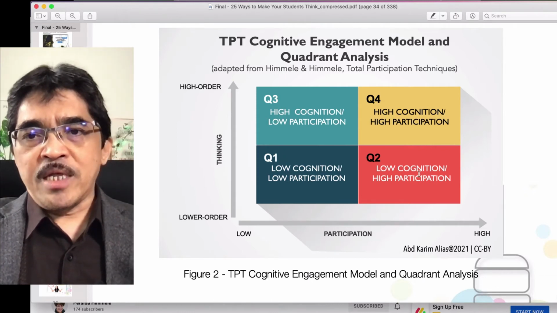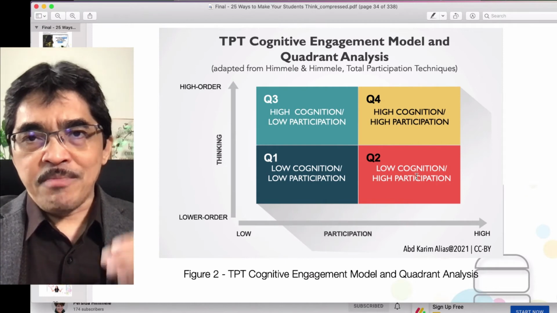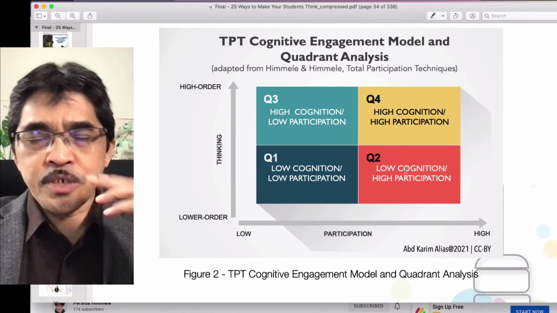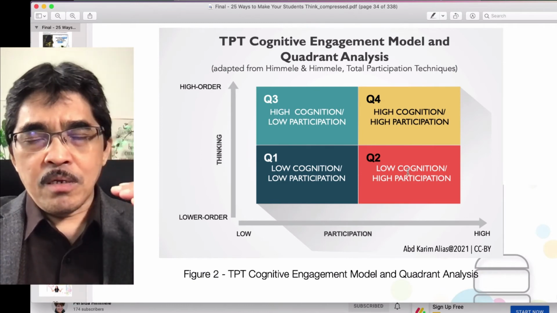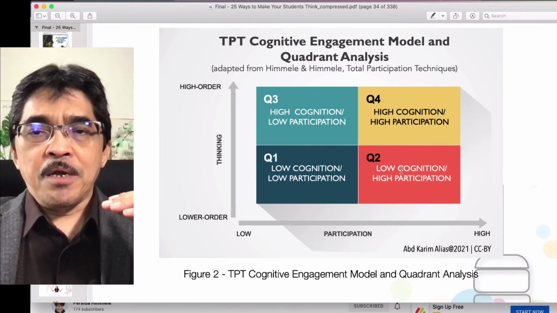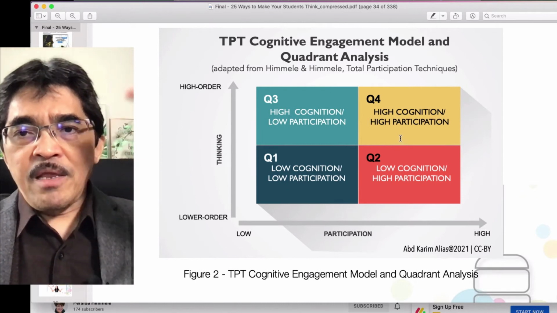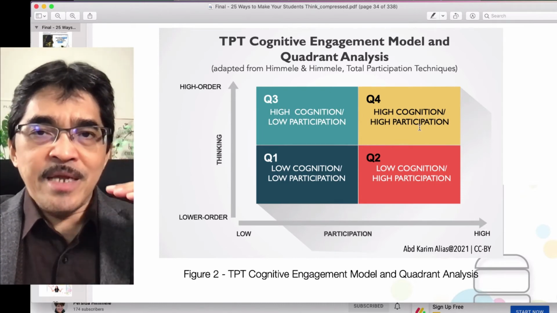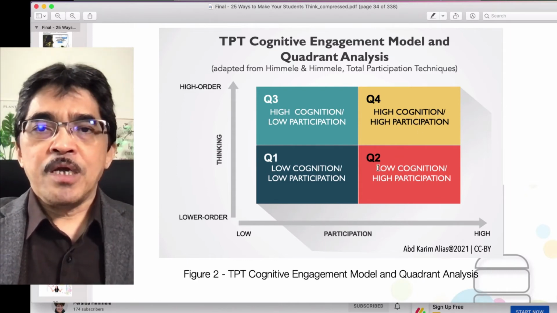This is good to get them started, to prepare them, to give them the necessary facts, knowledge, fundamental principles and concepts before they are able to go to the higher level, which is high cognition, and we can get high participation here.